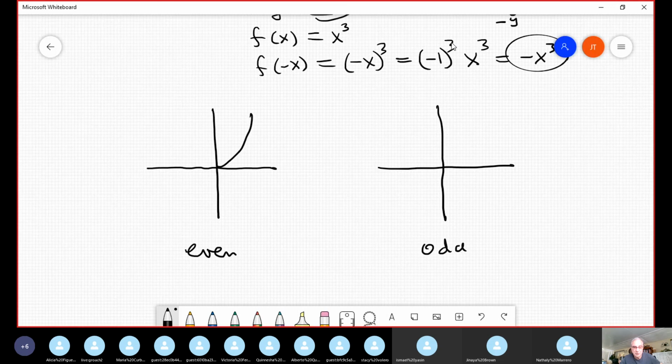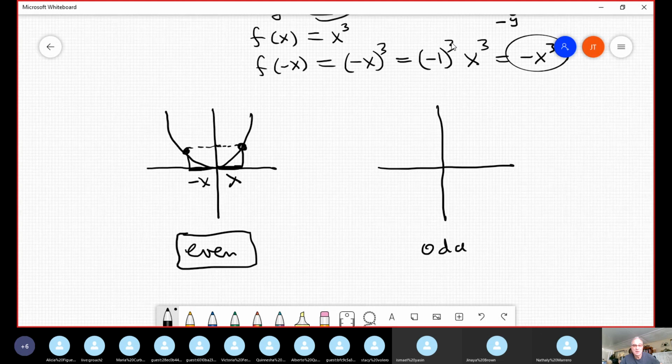Suppose a function like that. When you select an arbitrary value of x, you get one value of y. When you select exactly the same minus x, you obtain exactly the same value of y. This is even. Odd, no. Odd is when you select one arbitrary value of x, you get one value of y.